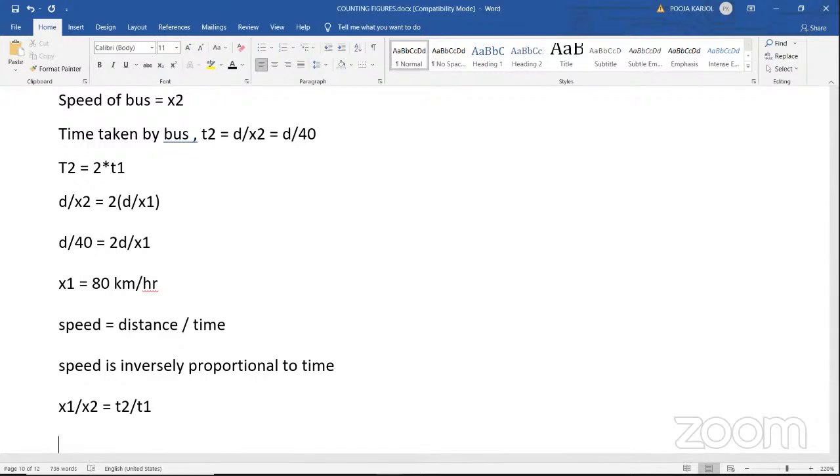Do you guys understand, or shall I repeat it? Here, when distance is the same, you can say speed is inverse of time, meaning if speed is in the numerator, time will be in the denominator.